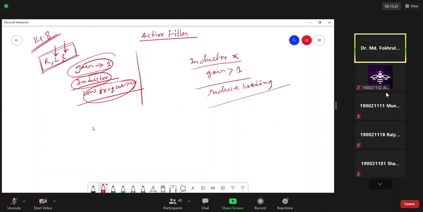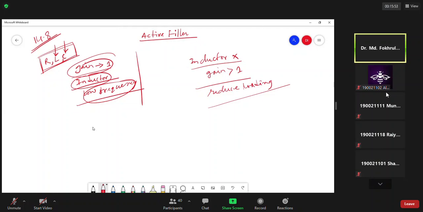So these are the advantages of the active filters. But there is one limitation of the active filter.